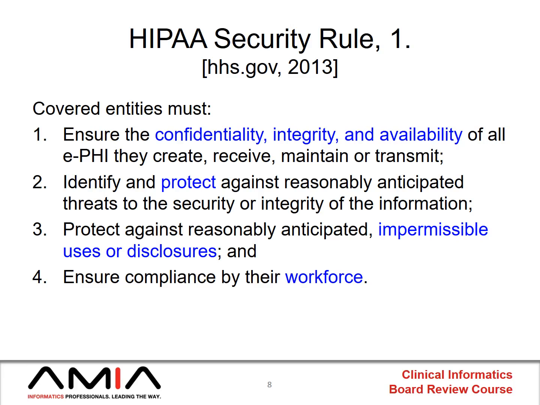Briefly, it states that covered entities must do the following, and you can see the breadth here: ensure confidentiality, integrity, and availability of electronic PHI, identify and protect against reasonably anticipated threats to security, protect against reasonably anticipated impermissible uses and disclosures, and lastly, a very important line: all of these things need to be brought to the attention and complied with by the workforce. It's not just the IT group, it's not just the CMIO, it's the workforce.